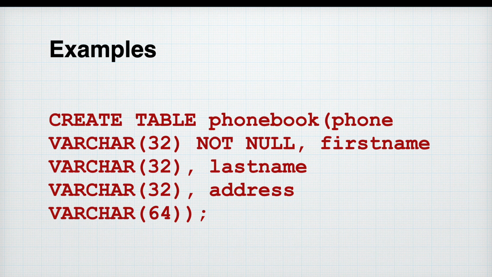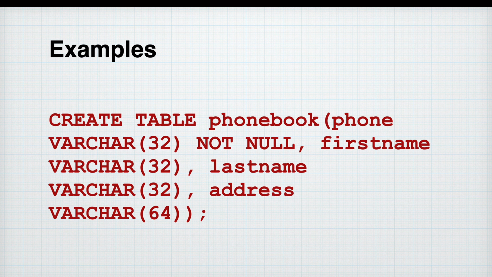Then first name, varchar 32, last name varchar 32, address varchar 64. The numbers in the brackets indicate the number of characters that you're going to put there. Anything that exceeds this, it will automatically throw an error or truncate that data to fit the number of characters you specify in the brackets.